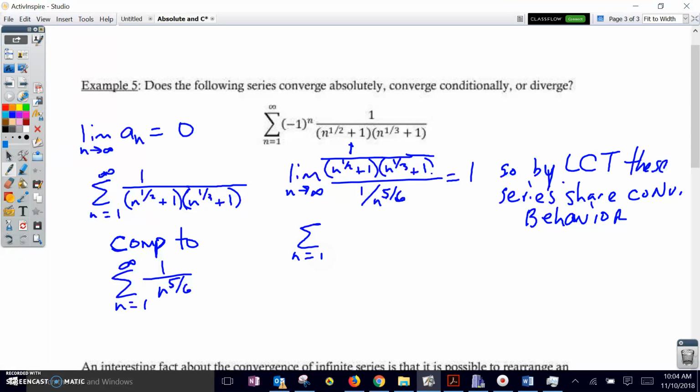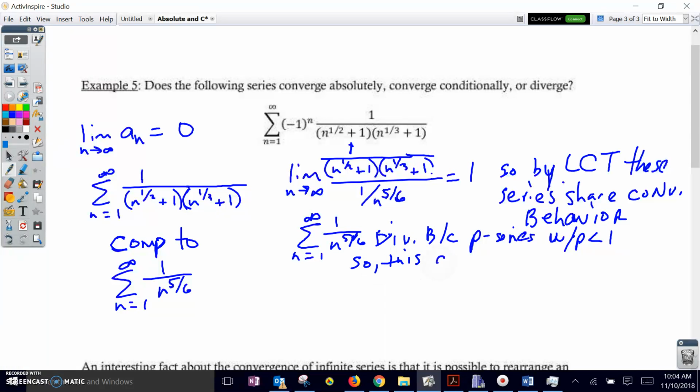The sum from 1 to infinity of 1 over n to the 5/6 diverges because it's a p-series with p less than 1. So this does not converge absolutely.